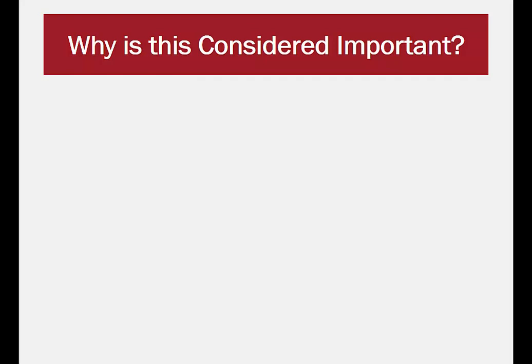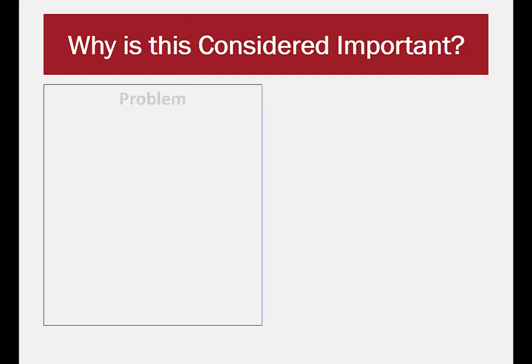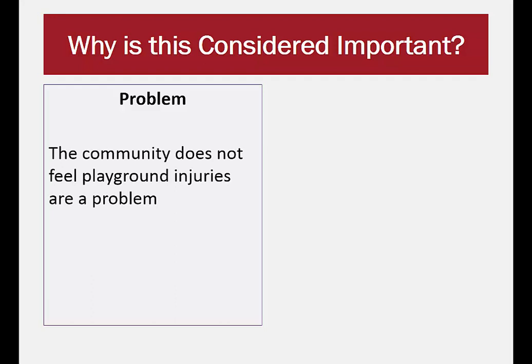Let's take a few minutes to think about the social context when addressing an injury problem. The ability to make change happen is impacted by contextual factors that exist as you implement a program or policy change. For example, if a community does not feel that playground injuries are a problem or important, or if there is another issue that has generated a larger profile in a community, a policy change directed at playground injuries would lack uptake by the community.